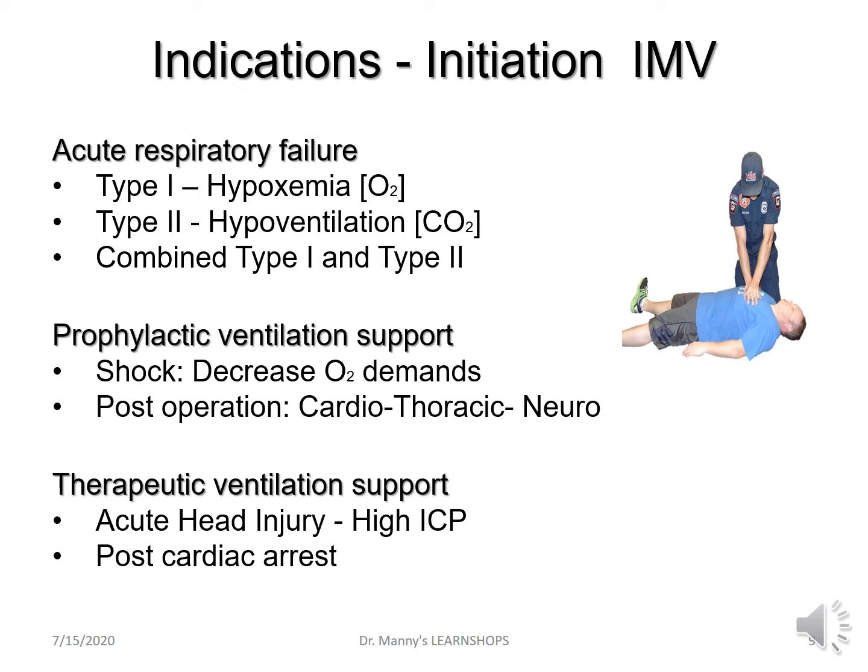It could be prophylaxis to provide ventilatory support in shock states or post-operatively. It could be therapeutic ventilation support, such as for an acute head injury where there's a high intracranial pressure and you want to lower the CO2 or increase the oxygen. Or it could be post-cardiac arrest when the patient is still unconscious.